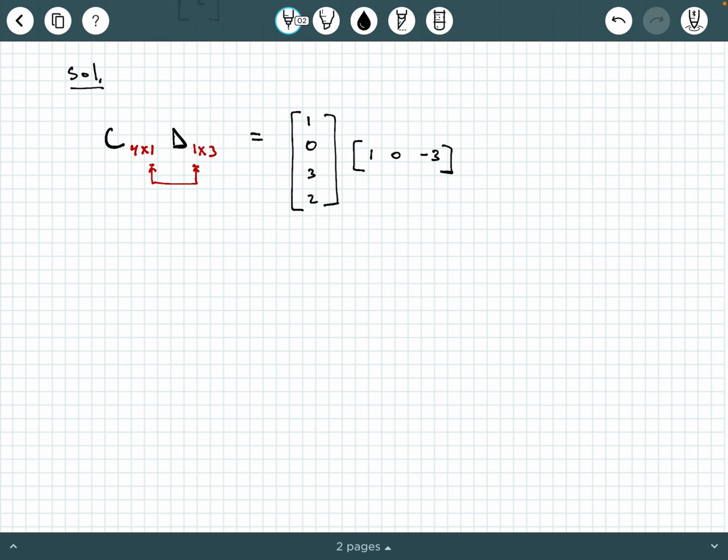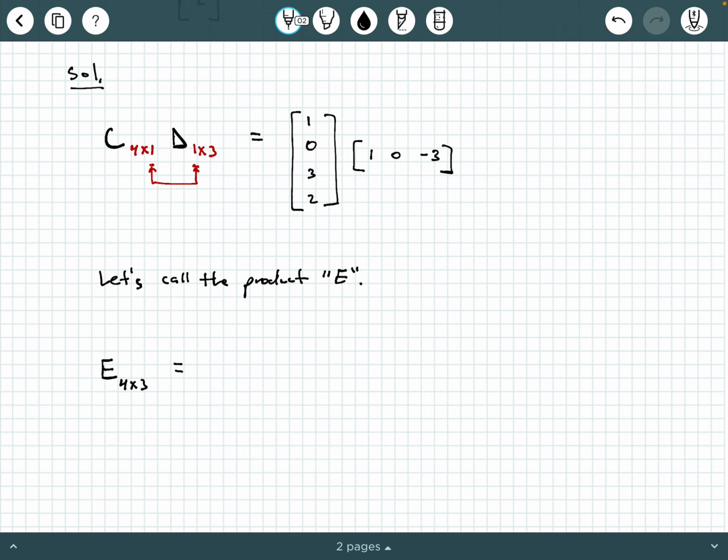Let's call the product matrix E, and matrix E should have what size? Well, it should be the number of rows of the left matrix and the number of columns of the right matrix. So this product should have a size of 4 by 3.